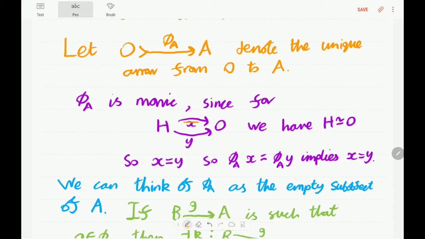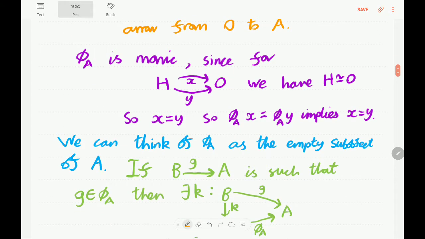Then by the previous result, we have to have that h is itself an initial object, and therefore we must have x equals y. So that means that 0_A must be a monomorphism, because 0_A after x equals 0_A after y implies x equals y, because x always equals y in this case. So yes, this is a monomorphism.